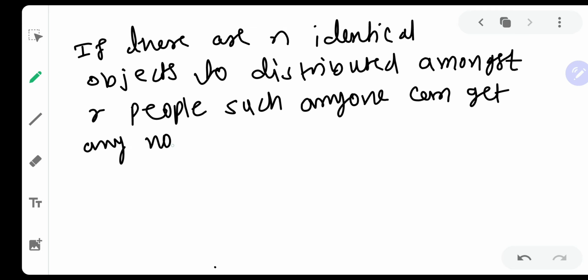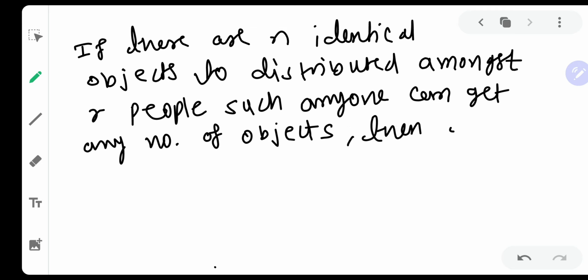This is very important. It means a person can get 0 objects also. See, I have shown you in the first example, beggar 1 got 0 rupees and beggar 2 got 4 rupees. So over here, any person can get any number of objects.